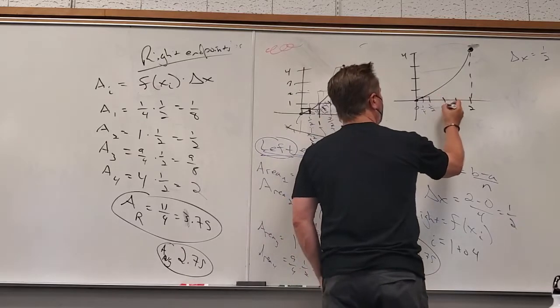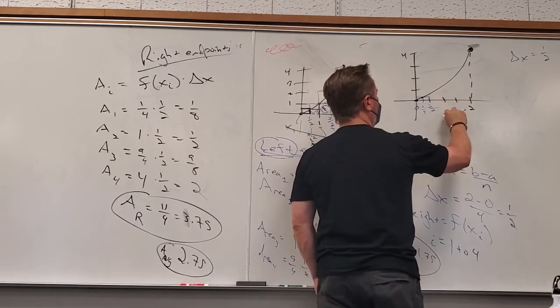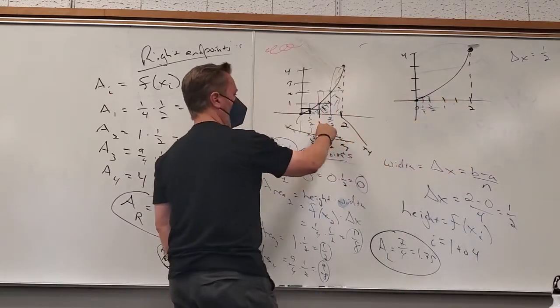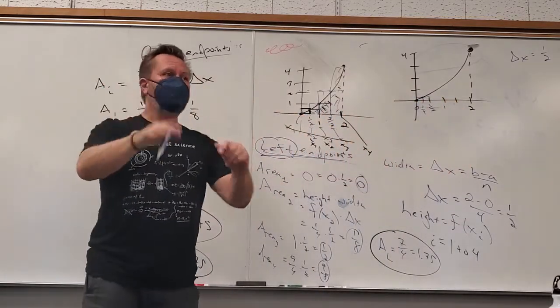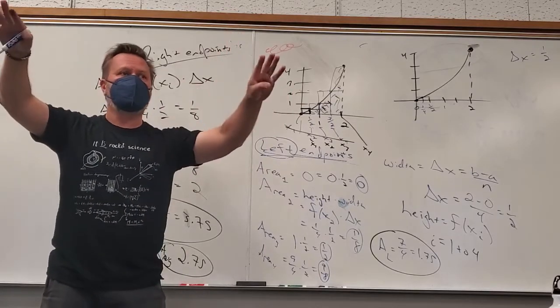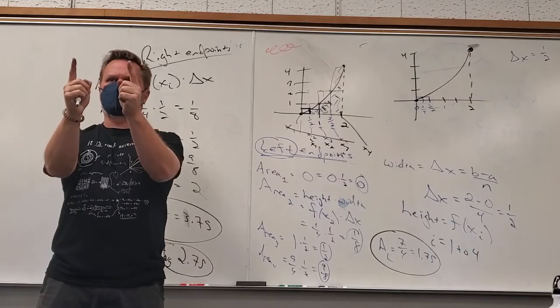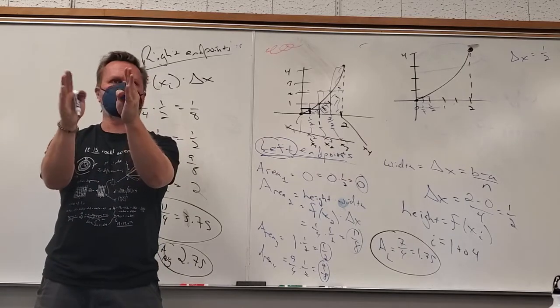Now my next rectangle is going to go from 1/2 to 1, right? No matter left, right, midpoint, whatever you're doing, the rectangle goes from this to this every time, 0 to 1/2 in this case.